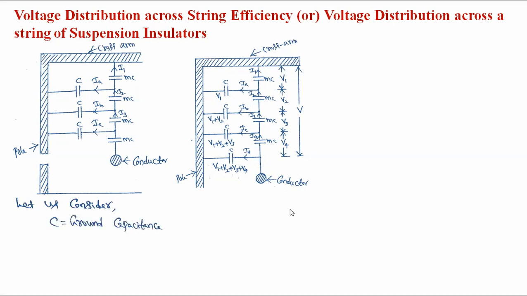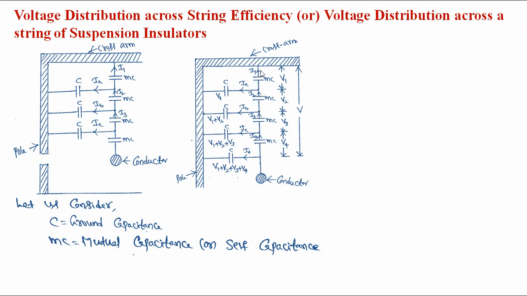Let us consider C to represent the ground capacitance, or else the shunt capacitance. C is the ground capacitance or shunt capacitance, acting in between the supporting structure and the insulator. And MC represents the mutual capacitance or self capacitance in between the insulators, that is, from one insulator to another insulator.